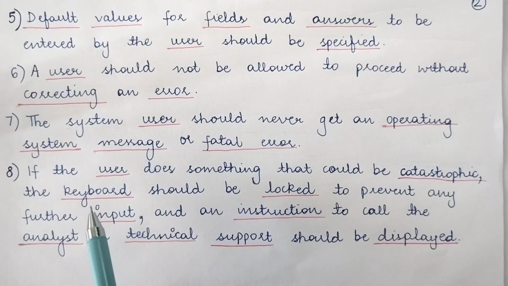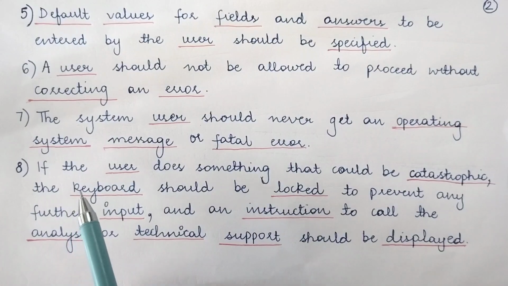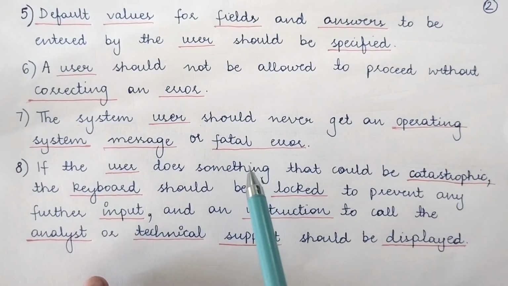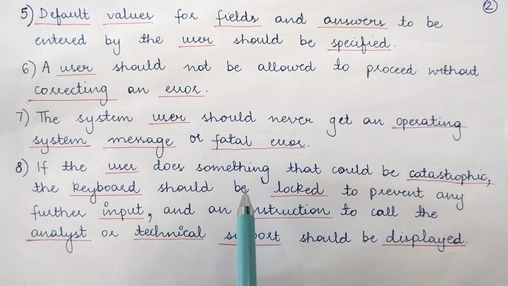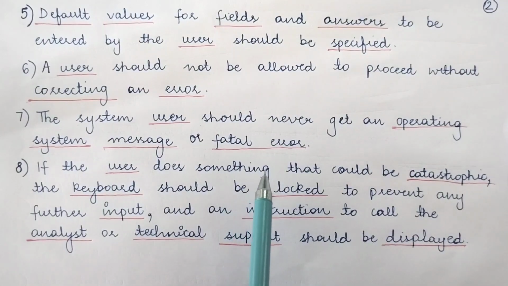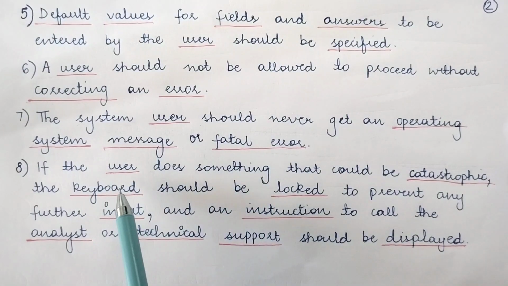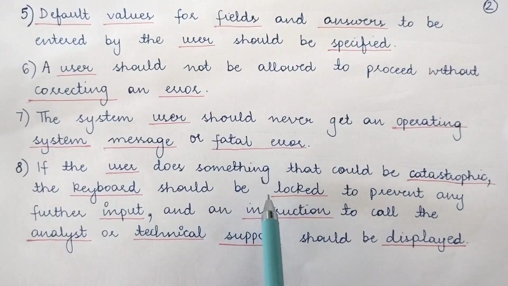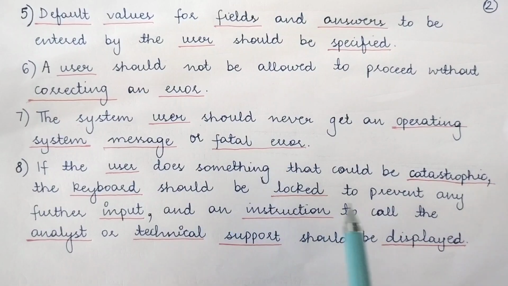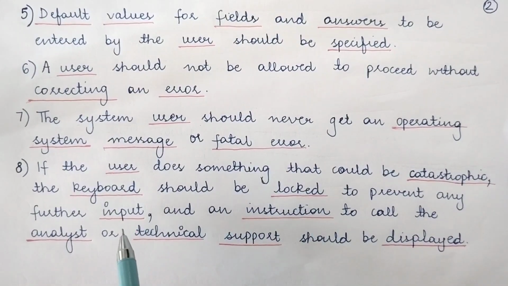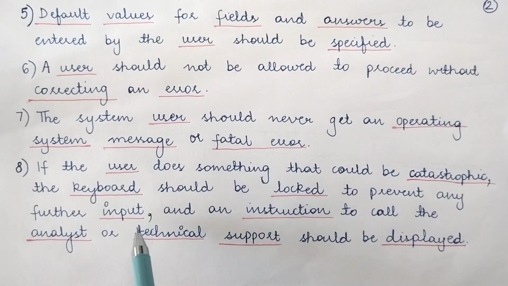As per the last guideline, the eighth guideline, if the user does something that could be catastrophic, that could cause sudden damage to the system, then as a precautionary measure the keyboard should be locked there and then so that the user cannot type anything further, which prevents any further input from the user's side.